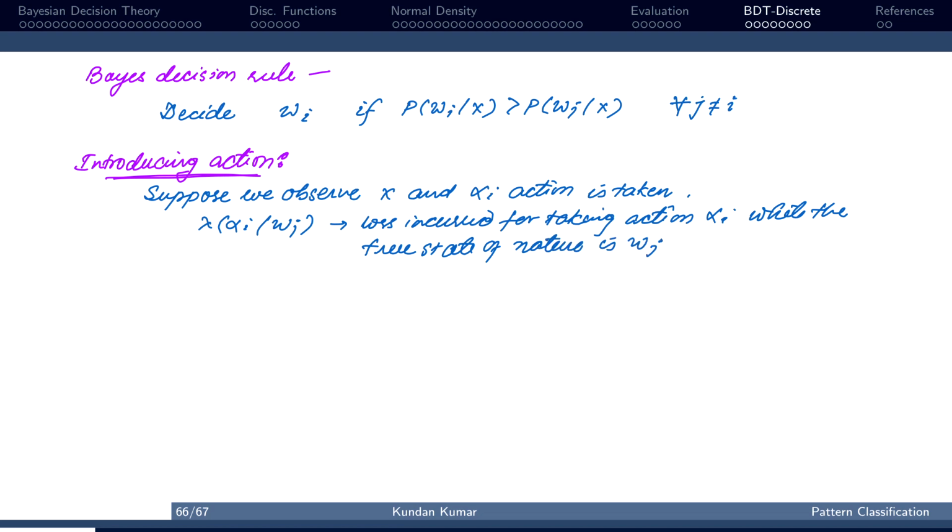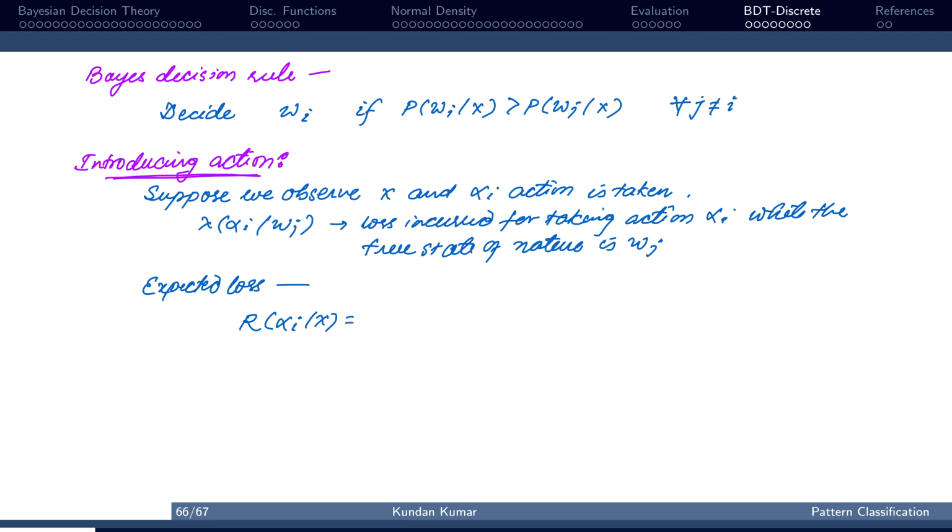Then we will expect some loss. So expected loss can be given in terms of the risk, which is defined as R of alpha i given x.